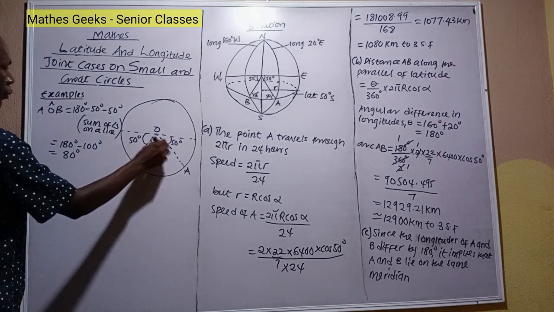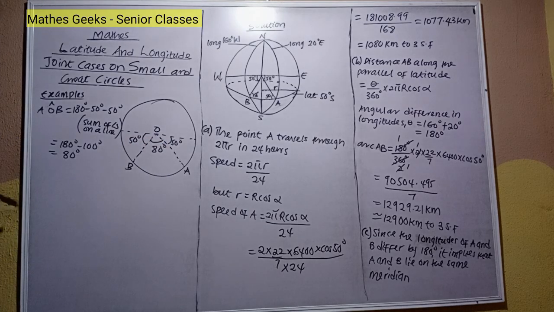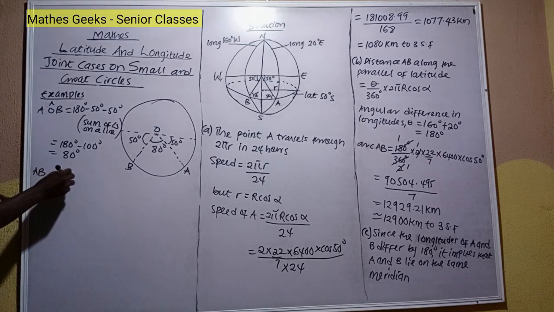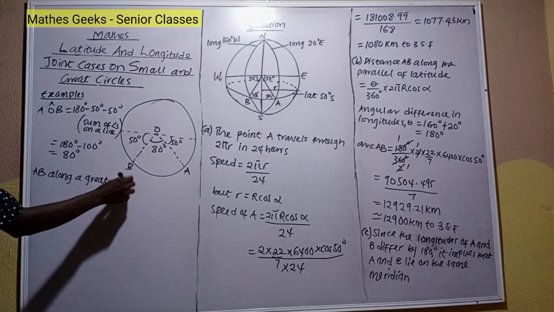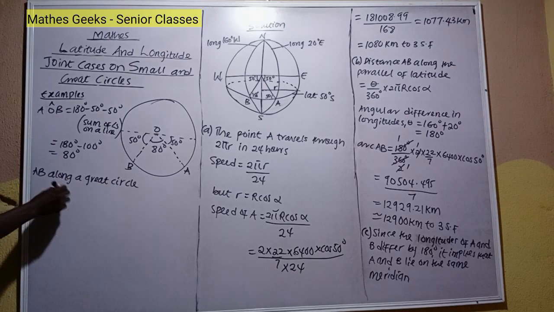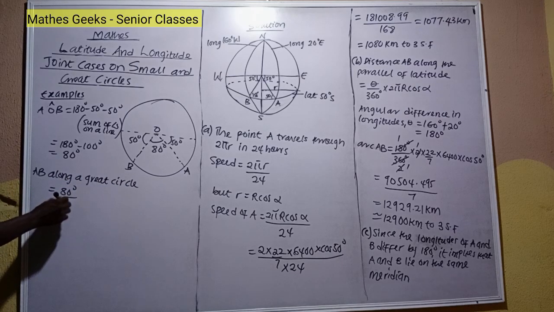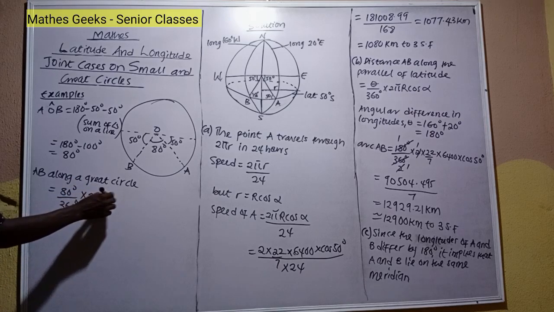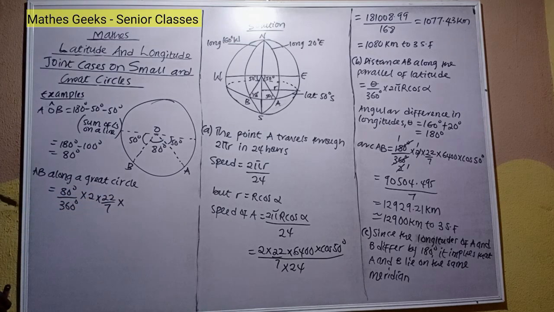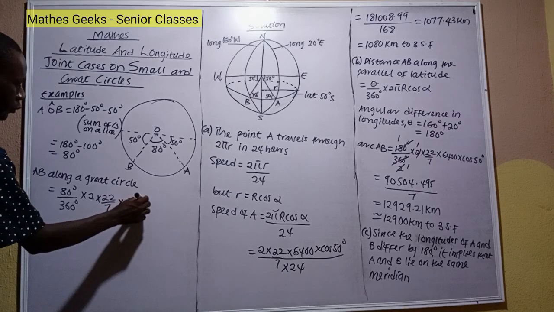So E is 80 degrees. So that will be our angular difference. Therefore theta is 80 degrees, so distance AB along the great circle is equal to 80 degrees over 360 degrees times 2 times 22 over 7 times 6,400.